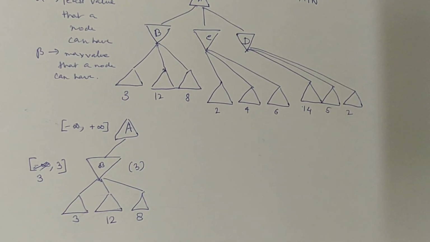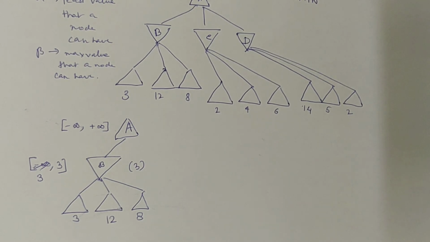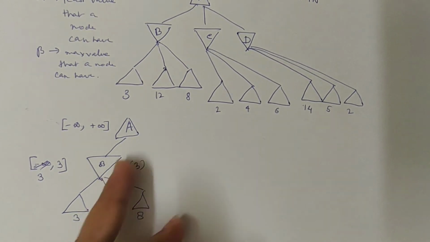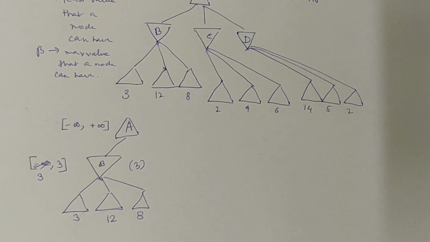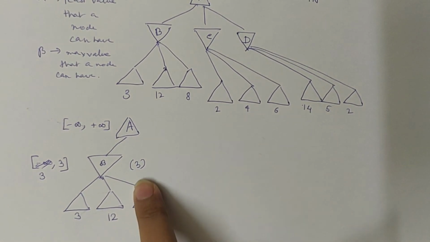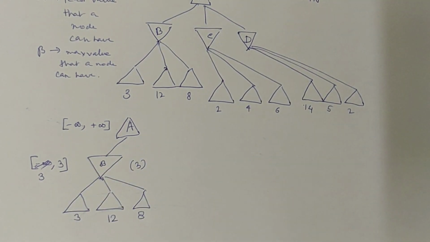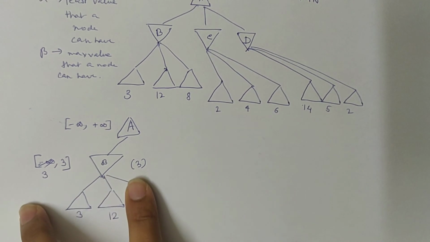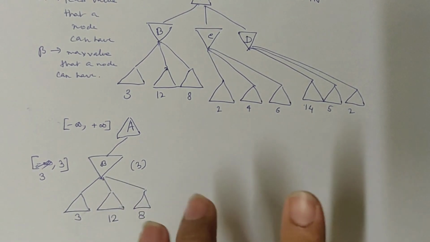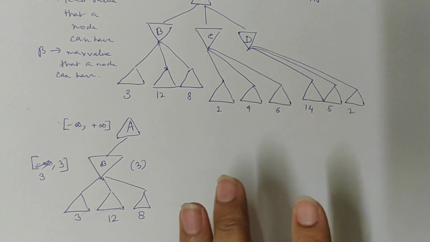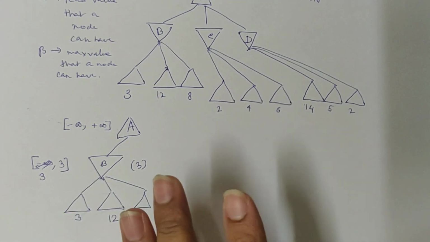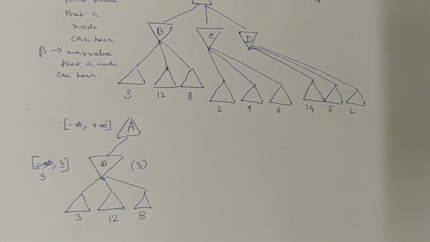Now think logically. What does A see? A sees that I am getting at least 3 from B. Since I am a maximizer node, put yourself in the shoes of A and think that I am getting at least 3 from B. If I get anything more than 3, then I will of course take it, but I am getting at least 3, right?